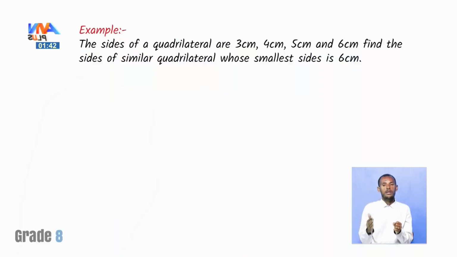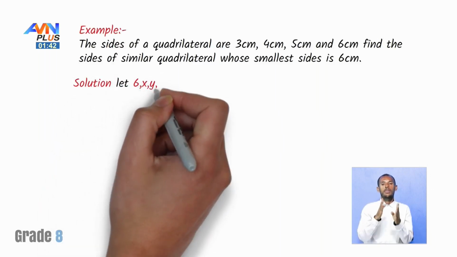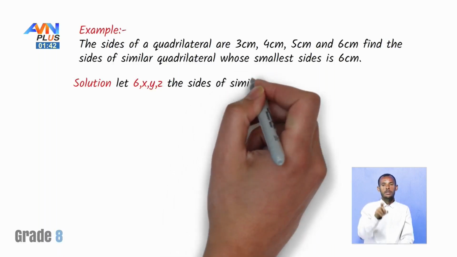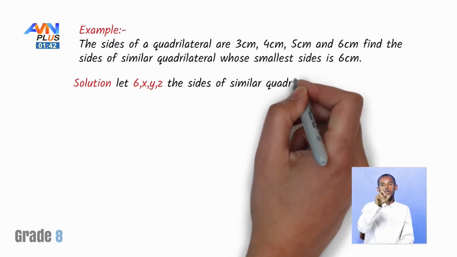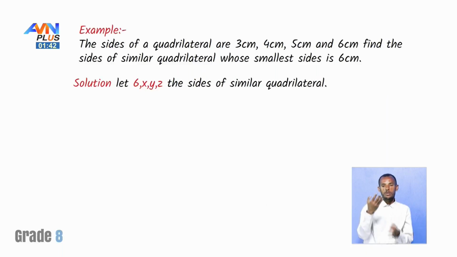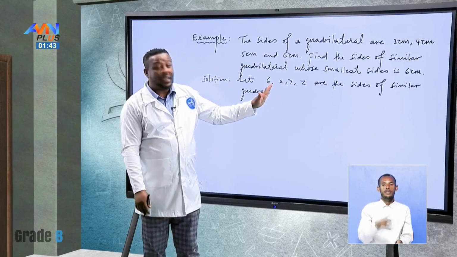So let's say 6, x, y, and z are the sides of the quadrilateral. Okay, here 6 is already known.